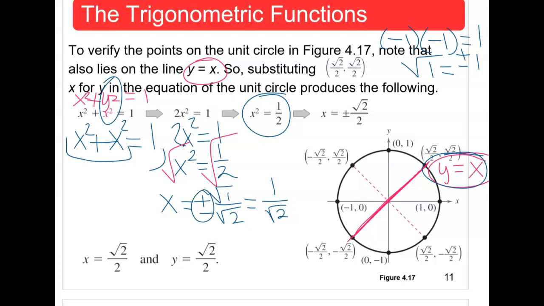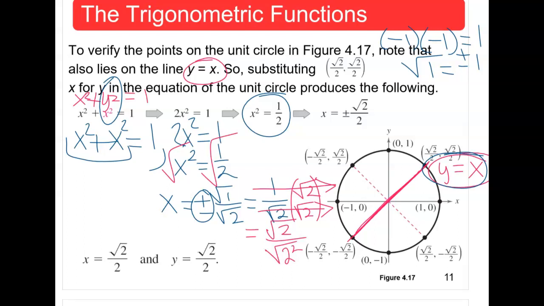Now, however, we don't want to have radicals on the denominator. So what we do is we multiply by the square root of 2, top and bottom. And so we multiply straight across. So we will get 1 times the square root of 2 is the square root of 2. And the square root of 2 times the square root of 2 will be like the square root of 2 times 2, which is 4, or you could think of it as 2 squared.